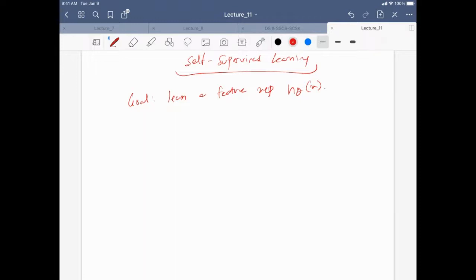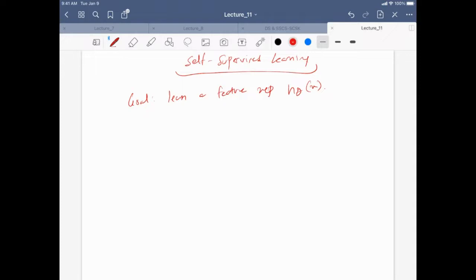But what we do know is that we want a good representation of my data points, right? So given my features X, which could be an image, I want to learn a good feature representation, so that images which are close by should ideally be close in the feature space, right?